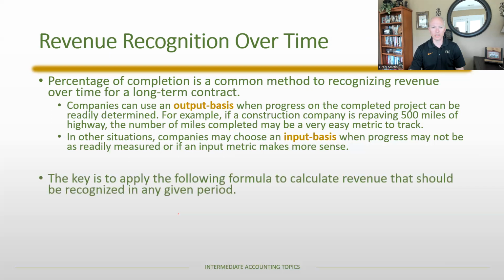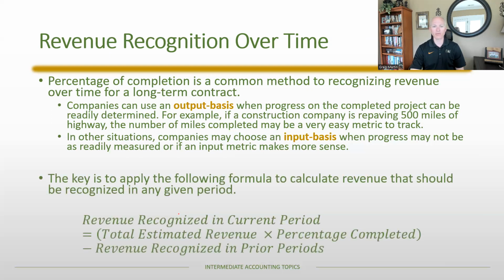Regardless of the way you do it, the key is to apply the following formula so that you're going to recognize revenue in the current period. That's the whole goal of this. What do we recognize? We recognize this using this equation. Basically, we have this total estimate for the whole project. We're going to multiply it by some measure of the percent completed, whether it's output or input based, some percentage. And then, especially after you get going, you need to think about, okay, well, that's the total up to date.